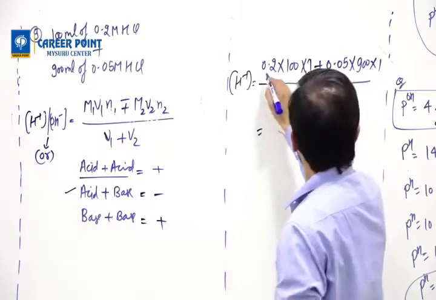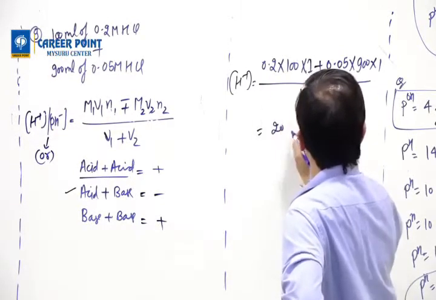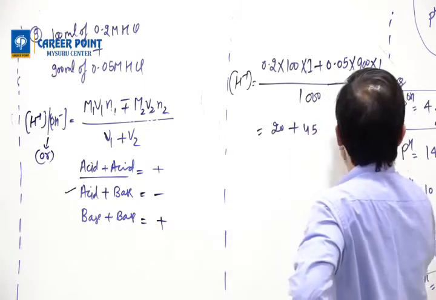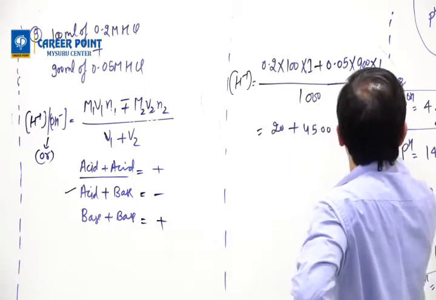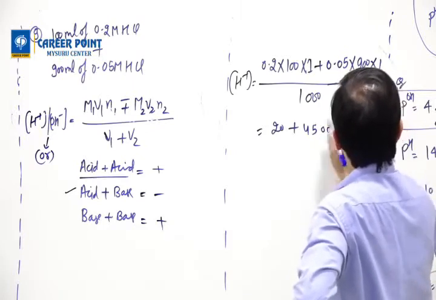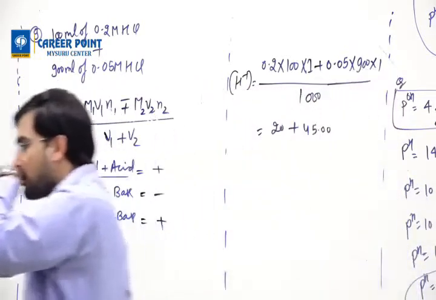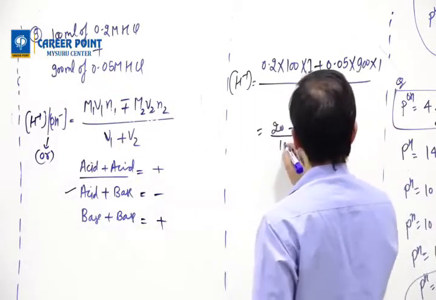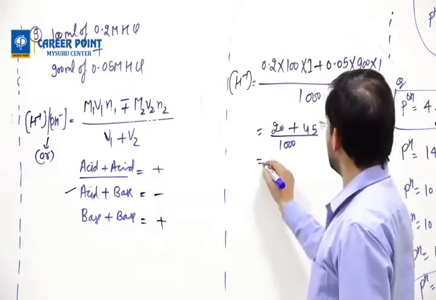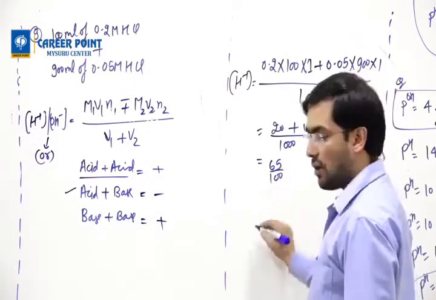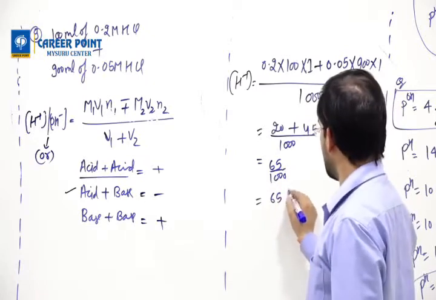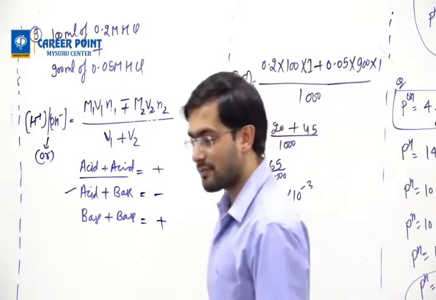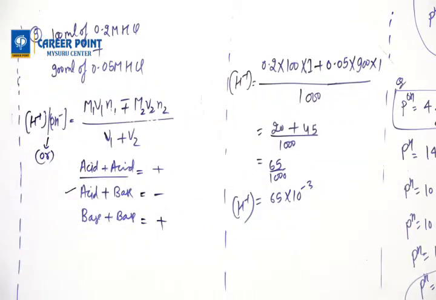When you calculate, this will become 20 plus 45 (9 fives are 45), so 65 divided by 1000. We get 65 into 10 power minus 3 as your H plus. Right? Till here any doubt?